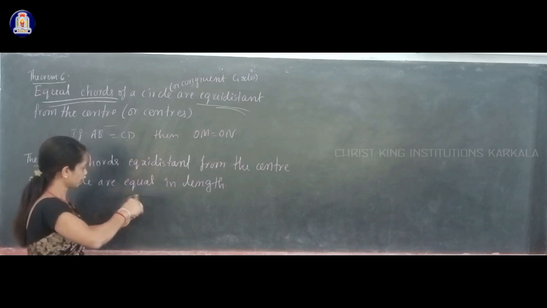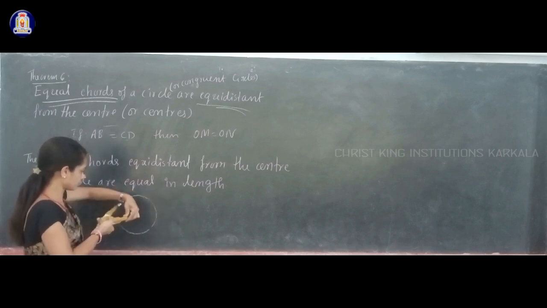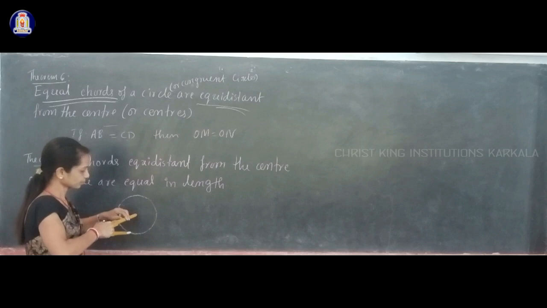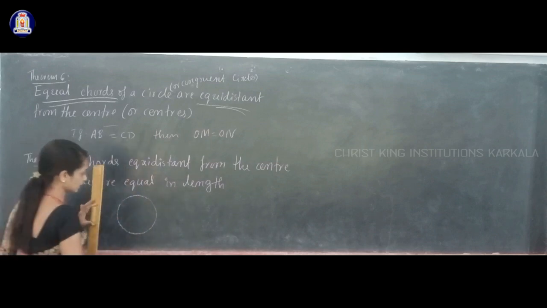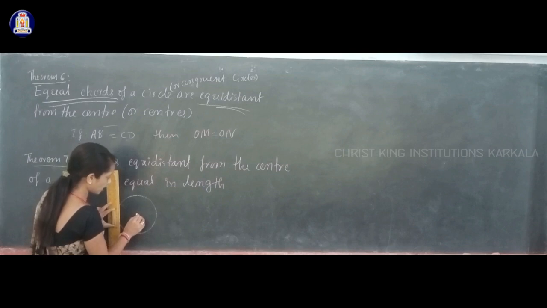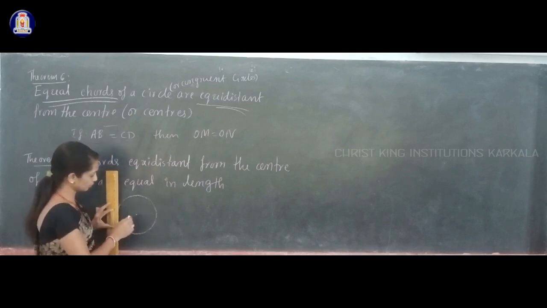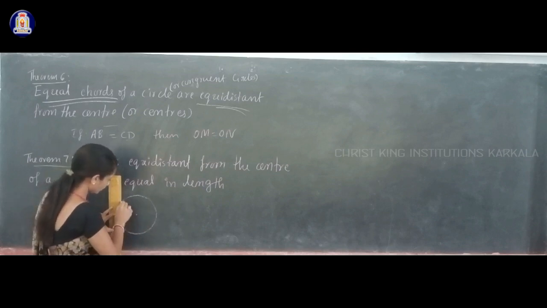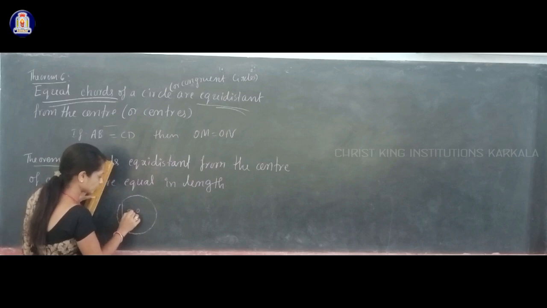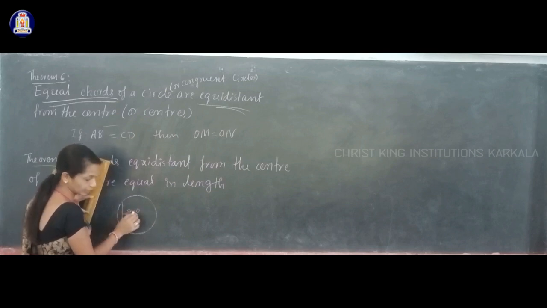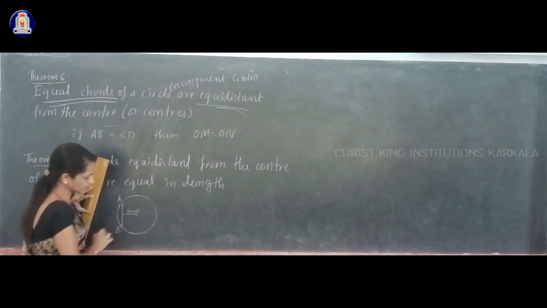You can also do one activity: draw one circle and take two chords in that circle such that they are equidistant from the center. Here I will take one chord at a distance of 5 centimeters from the center of the circle, and call it AB.